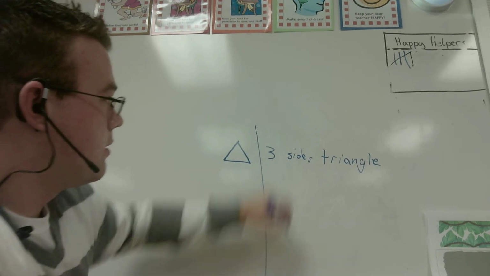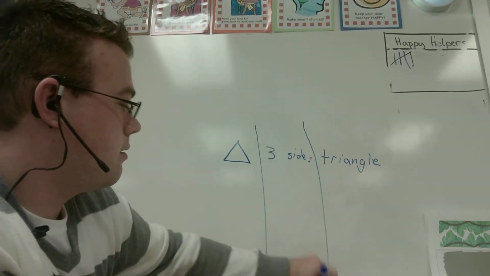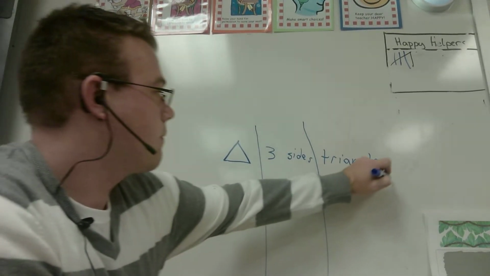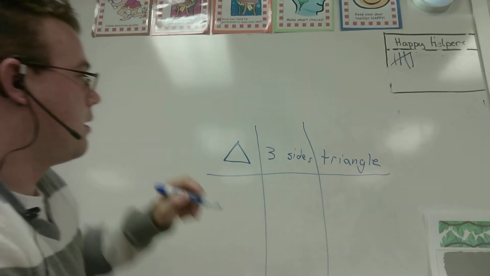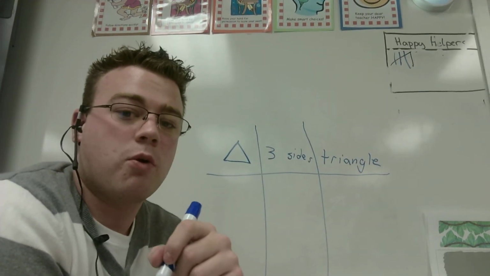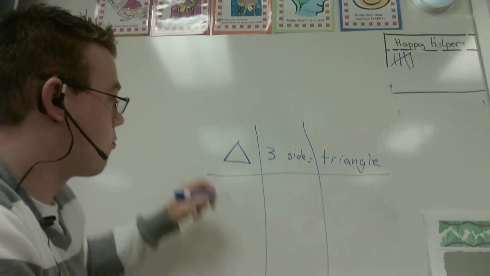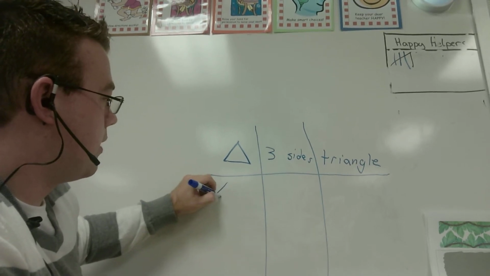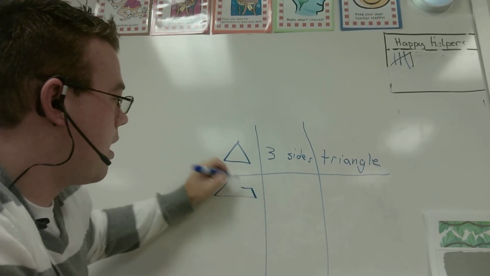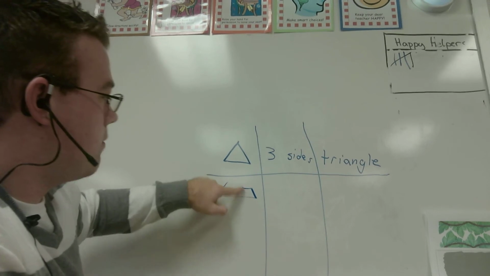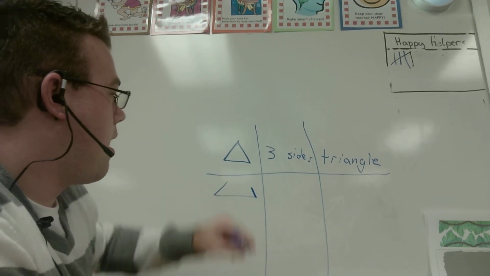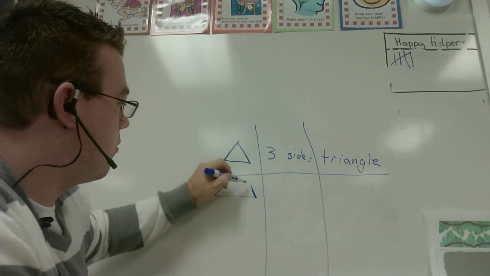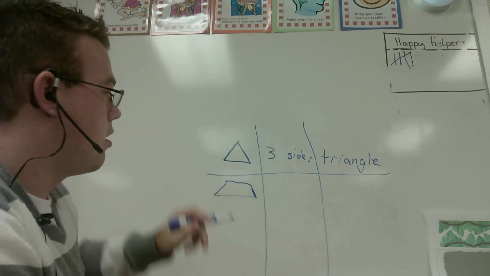I'm going to draw this. This is a special name of a quadrilateral, and we will actually later in our topic learn about the different names of quadrilaterals. Same thing with triangles. A quadrilateral will always have 4 sides.